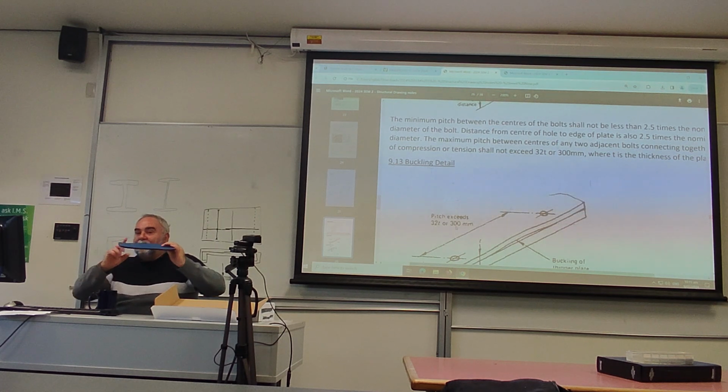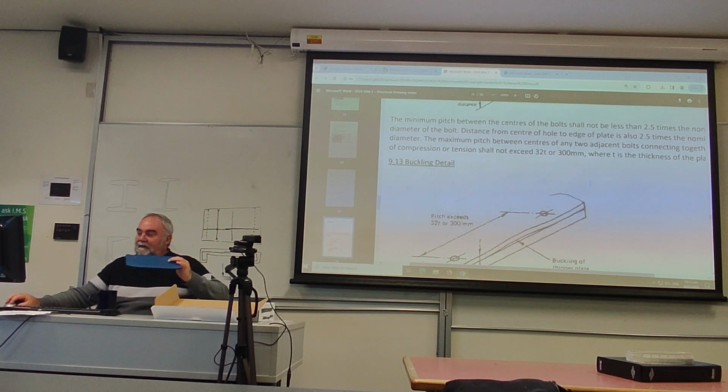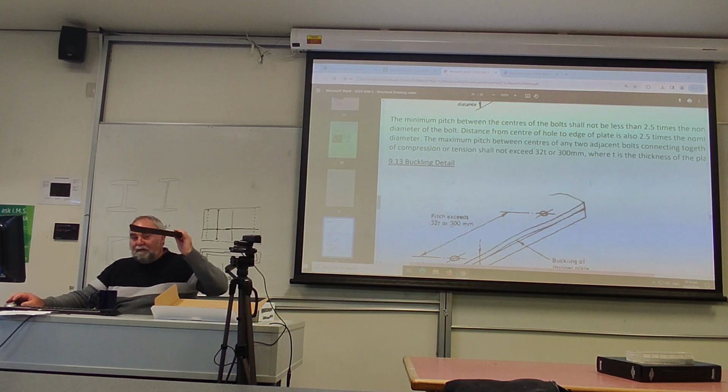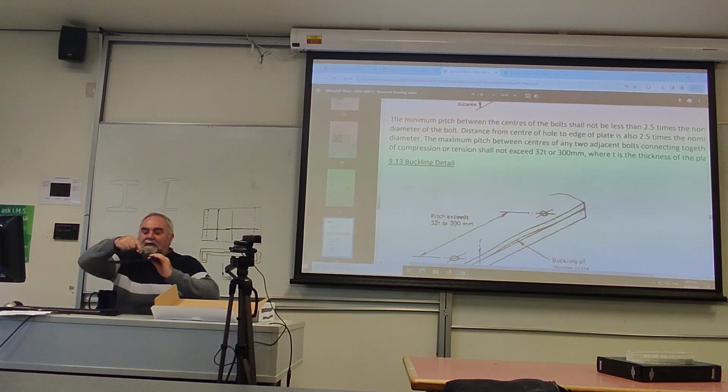So the maximum length will be 320, but it does have a 300 there, so we'd have to knock that back to 300. Alright? If it was 8 mil thick, it would be 256, which would mean 256 would be the maximum between any two holes on the plate.